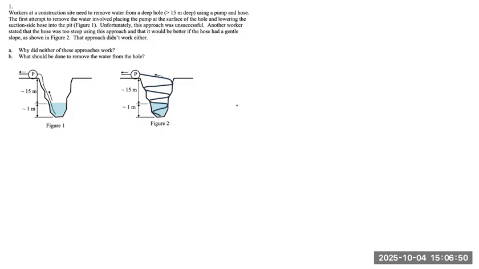This is what it looks like. We can have a device that helps us to measure the pressure. Over here we have the vapor pressure of water, which we will call PV.